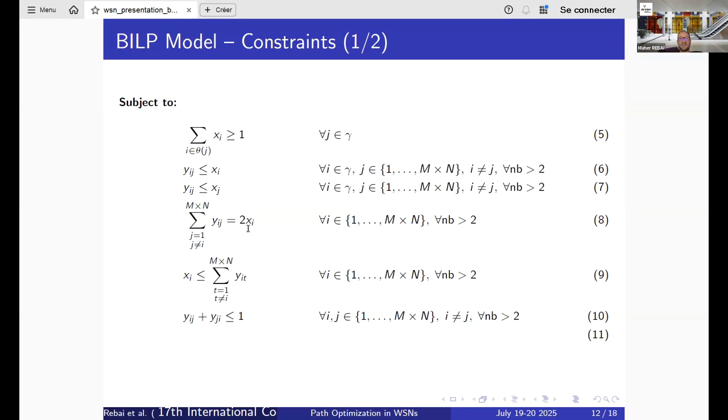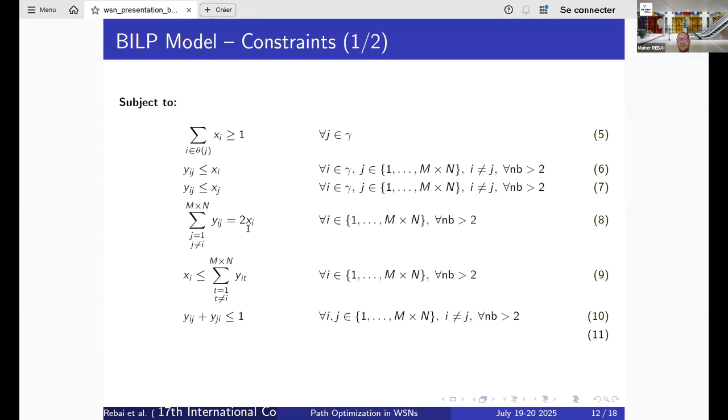Constraints 6 and 7 ensure that each edge ig should select vertex i and vertex g. Constraint 8 ensures that each vertex should be connected to two other edges.